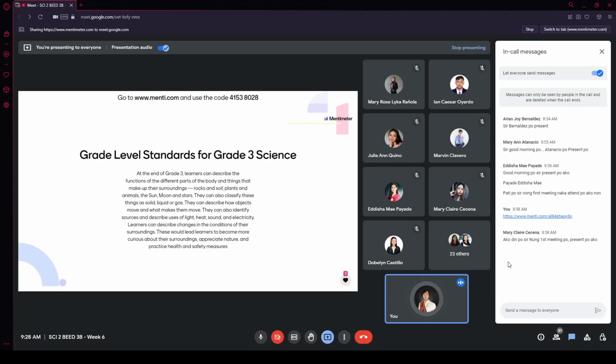Okay, so going back to our K-12 curriculum guide. These are grade level standards for grade 3 science. Essentially, the topic that they would be using. Okay, so let me just copy this one. Okay, let me just paste this one.